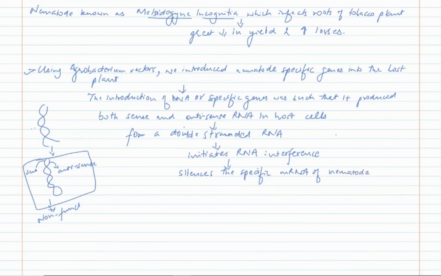So the specific gene of the nematode will be silenced and therefore the nematode will not be able to survive. That is how this transgenic plant will protect itself against this parasite. So this is how RNA interference takes place.